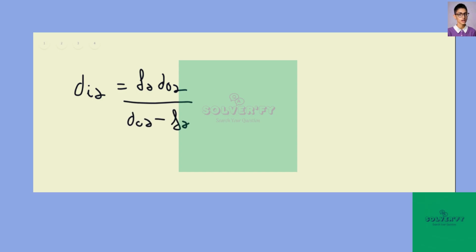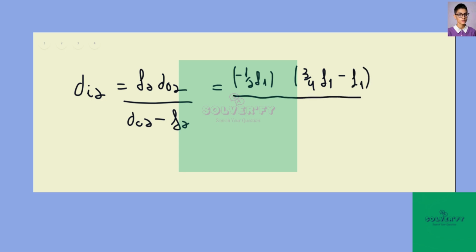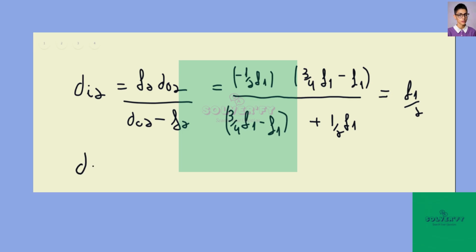So di2 is f2 d02 divided by d02 minus f2, and this is minus a half of f1, 3/4 of f1 minus f1 divided by 3/4 of f1 minus f1 plus a half of f1, and this gives us f1 over 2, and the distance d is l plus di2.